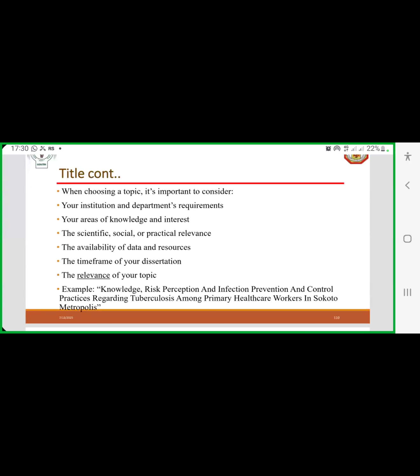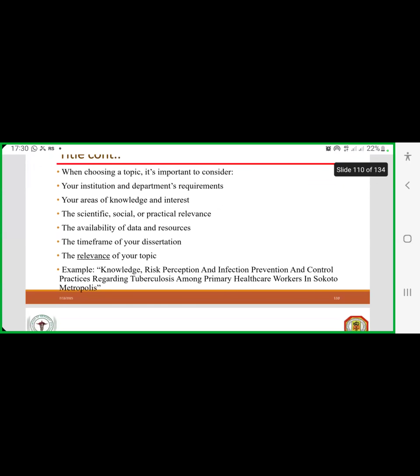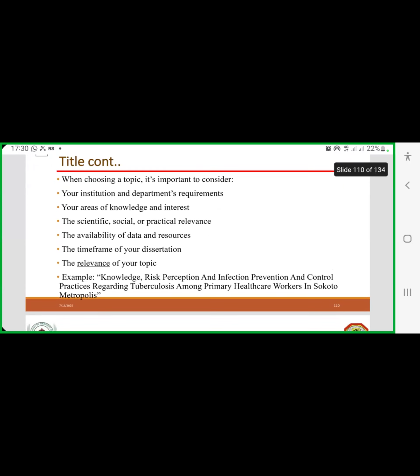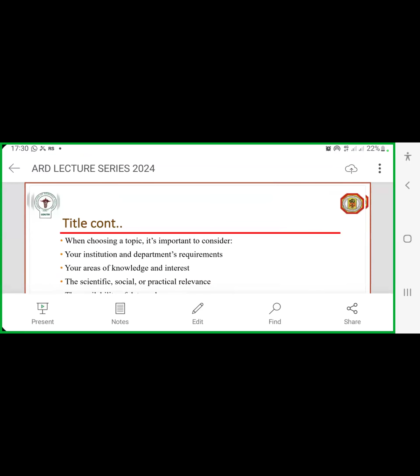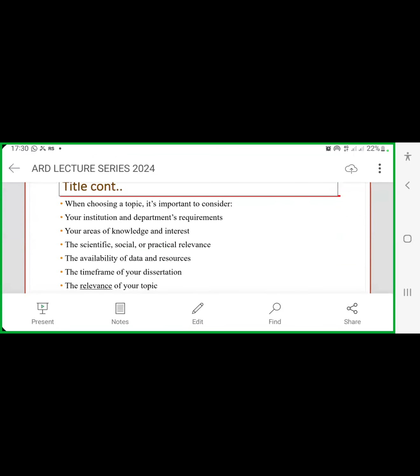Then the availability of data and resources. That's what I said before. You must make sure that you have enough data and enough respondents. If you think what you want to study is very difficult for you to get research participants in, I'm advising you to drop that research because it will make you suffer.